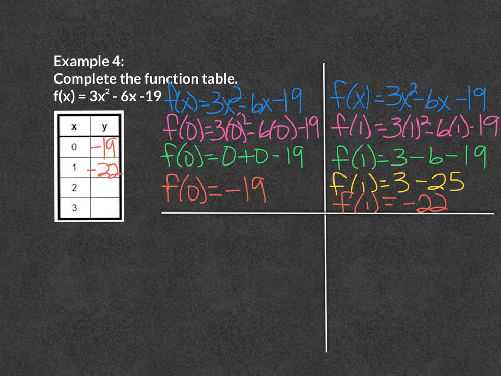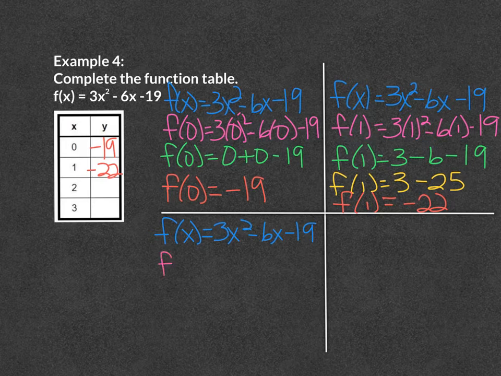Now I'm going to rewrite the equation. I have f of x equals 3x squared minus 6x minus 19. Wherever there's an x, I'm going to place a 2 this time.